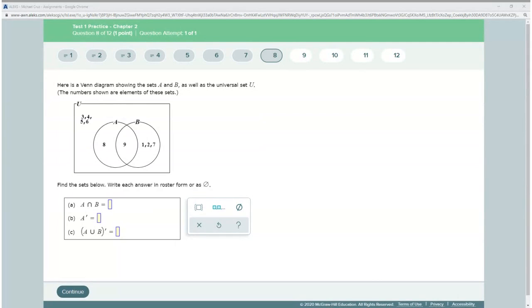And so let me see if I can make that larger. No, I don't think I can. It's just the way it works, I can't.